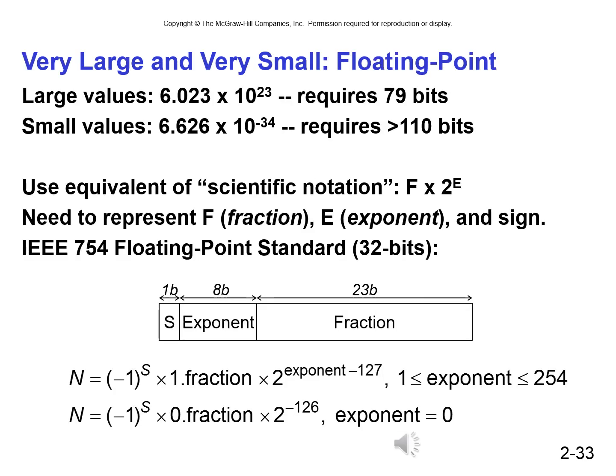For very large and very small decimal numbers, we use what's called floating point precision. And the first standard for representing base 10 decimal numbers in binary was the IEEE, and IEEE stands for Institute of Electrical and Electronics Engineers.